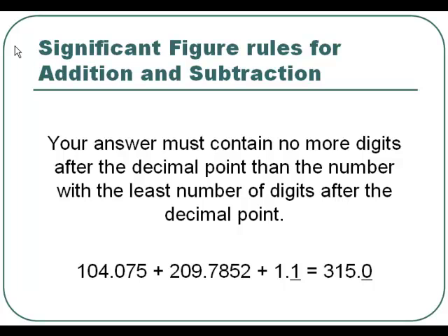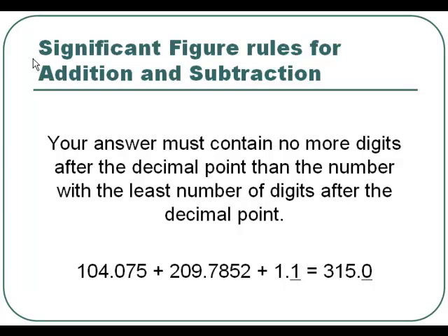Now you add these numbers here and you come up with something, and your calculator will say 314.9602, but that needs to be rounded. As you read through this, apparently to the least number of digits after the decimal point, which is indicated by that 1.1. Why?